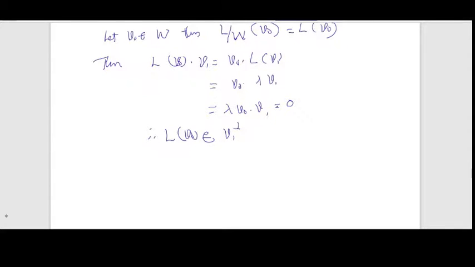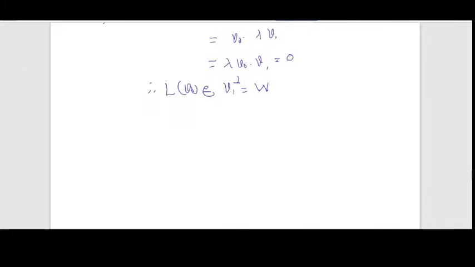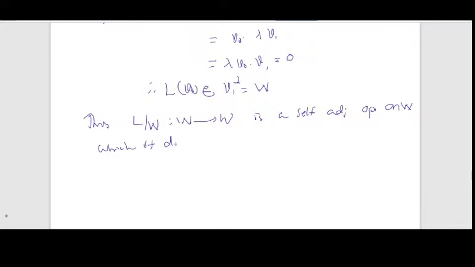So this means W. Thus the restriction of L to W, which is from W to W, is a self-adjoint operator on W, which is of dimension k.